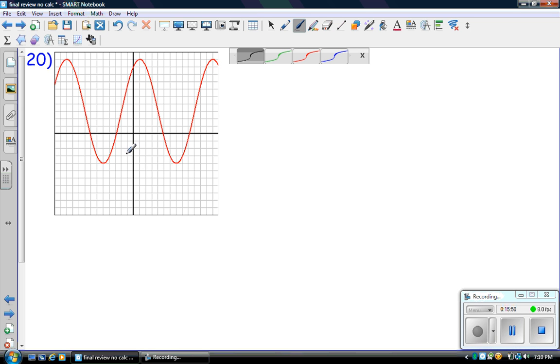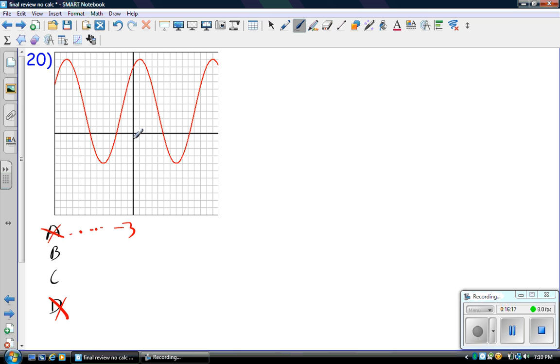So choice A and D both have -3 at the end. That would mean shifted down 3. It's moved up. So those are gone. So we now at least have a 50-50 shot just knowing that.